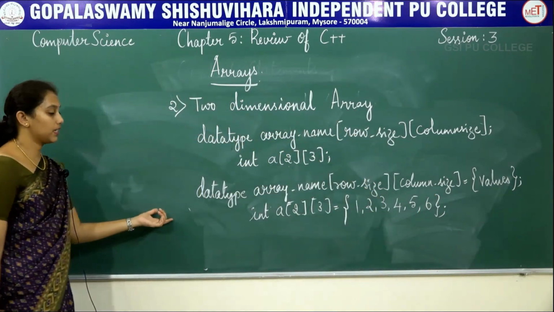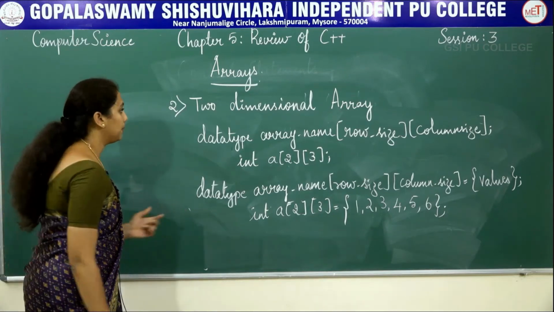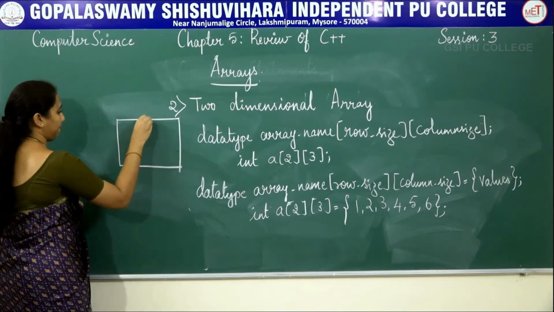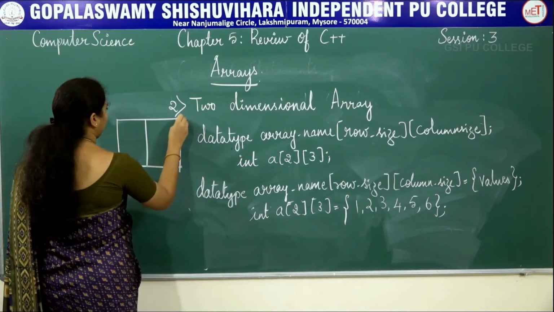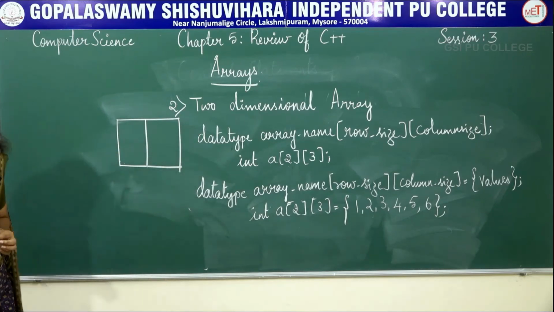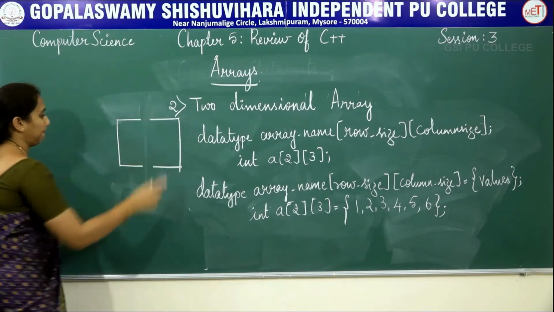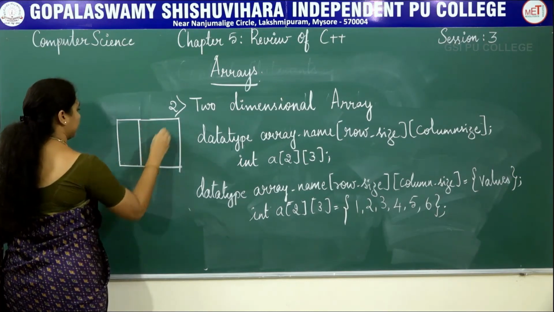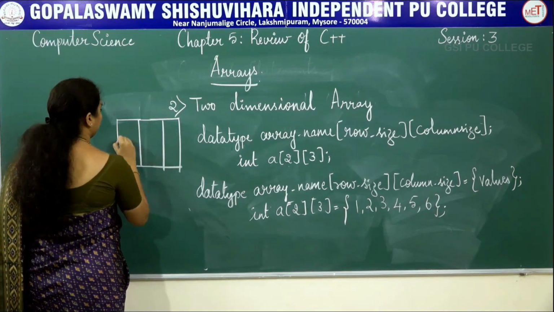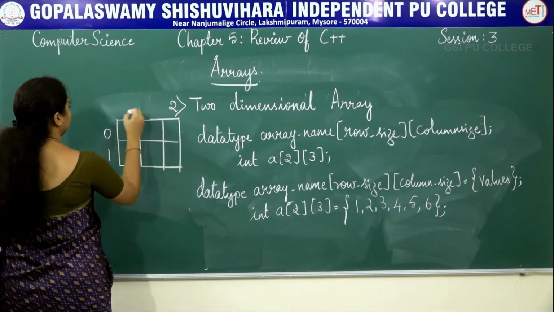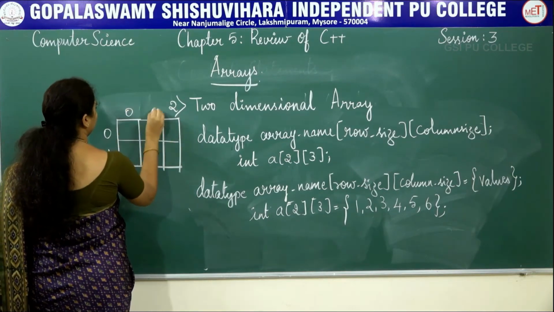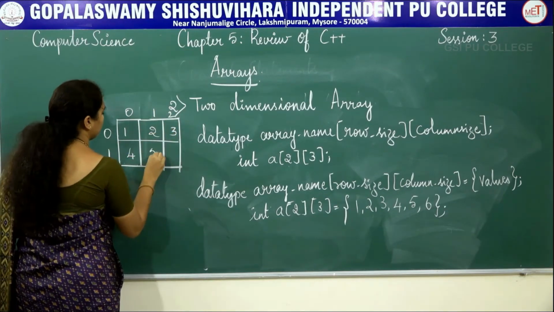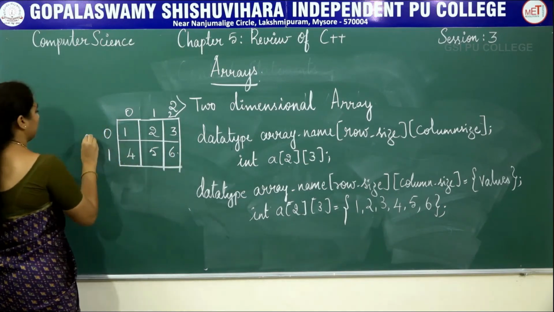So the memory representation of the two-dimensional array will be as shown.